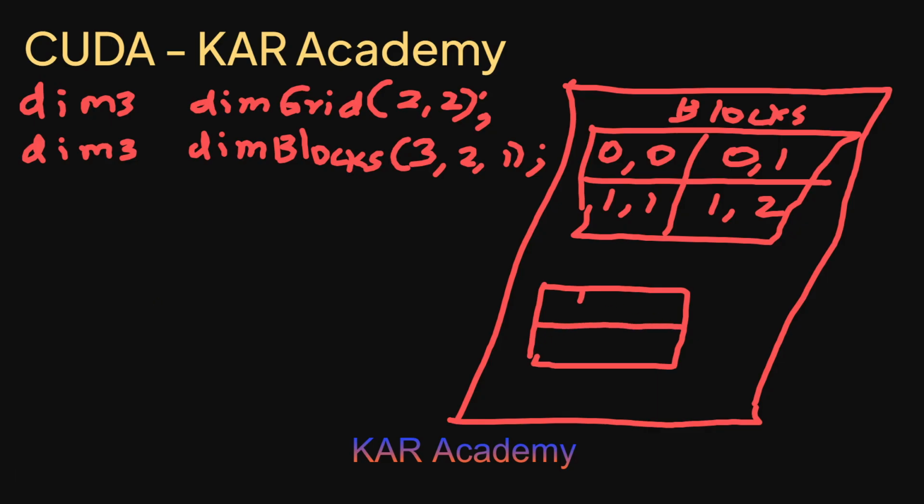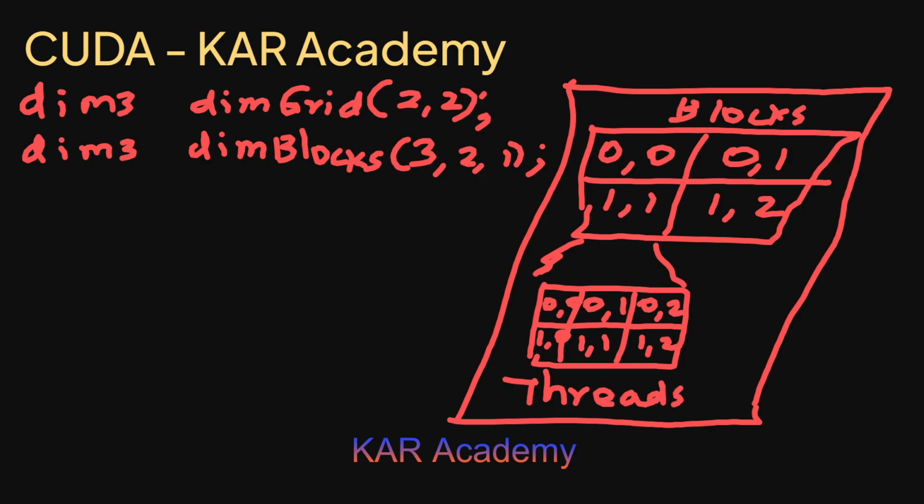I'm not showing the z dimension because that is just one. Here you can see 0 comma 0, 0 comma 1, 0 comma 2, 1 comma 0, 1 comma 1, 1 comma 2. Each block has these two-dimensional threads. This is basically threads. So that is what we have just written.